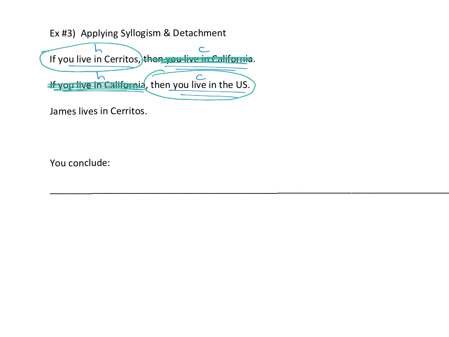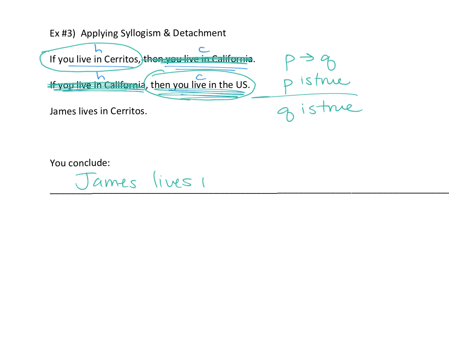Now it says, James lives in Cerritos. So they went, if P then Q, and they told us P is true. That means we are allowed to assume or state that Q is true. So we're going to state that the conclusion is true, which would be James lives in the U.S.